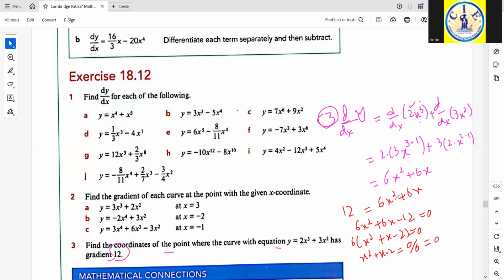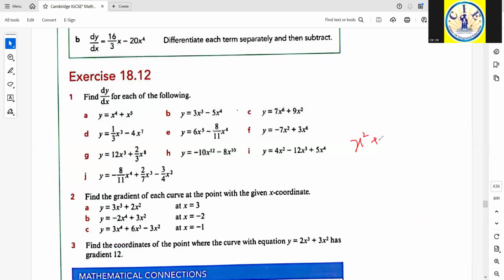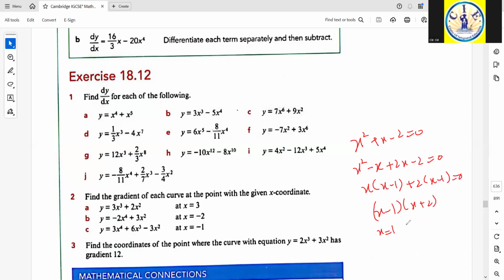So x squared plus x minus 2 is equal to 0. The factors of 2, x squared minus x plus 2x minus 2 is equal to 0. x common, x minus 1 plus 2, x minus 1 equals 0. So x minus 1 times x plus 2. So that will be x is equal to 1 and x is equal to negative 2.